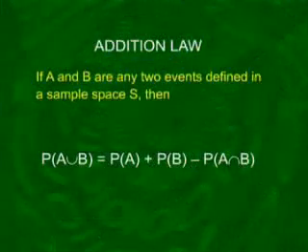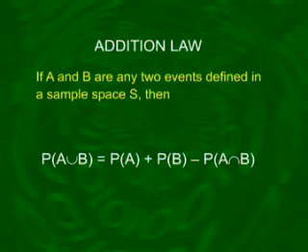As you now see on the screen, according to this theorem, if A and B are any two events defined in a sample space S, then the probability of A union B is equal to the probability of A plus the probability of B minus the probability of A intersection B.